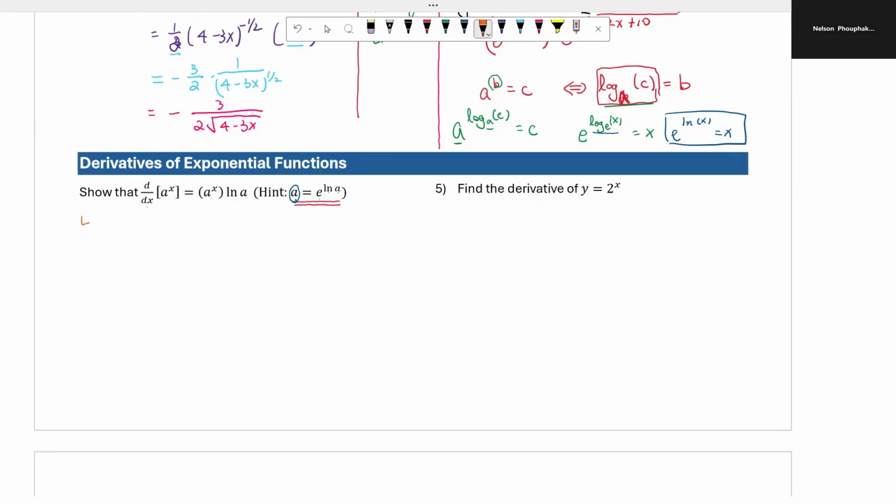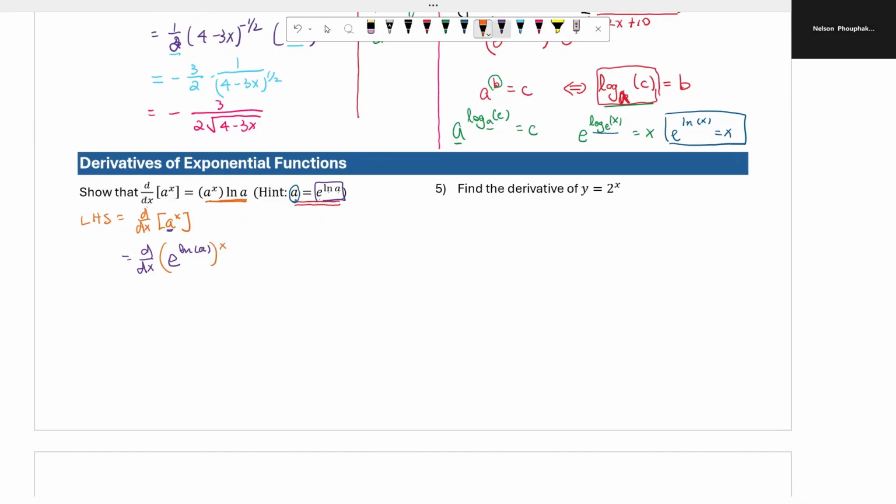Now I would like to start with the left-hand side, where we take the derivative of a to the x. Again, I would like to show that it is equal to a to the x natural log of a. Now I would like to rewrite a as e to the natural log a, and of course we raise it to the power of x.